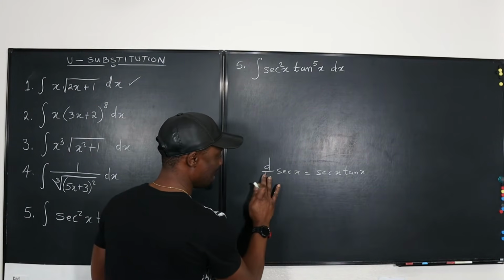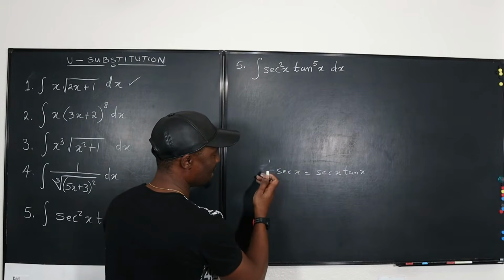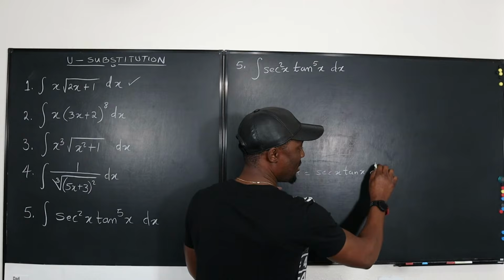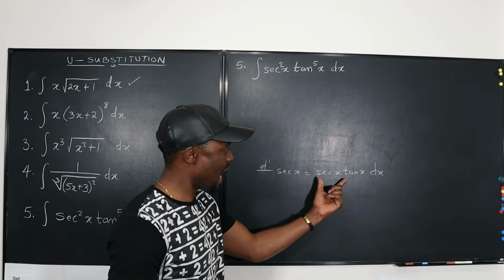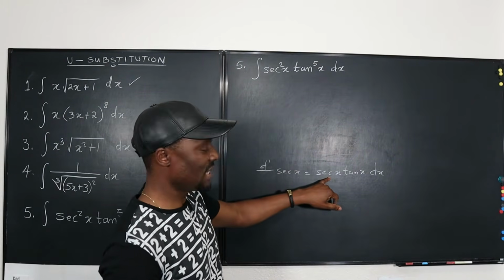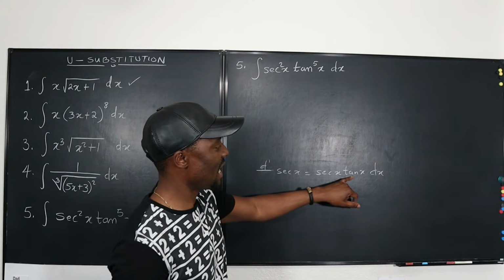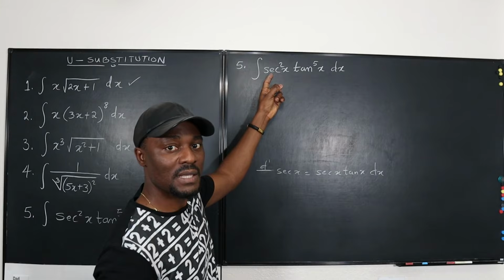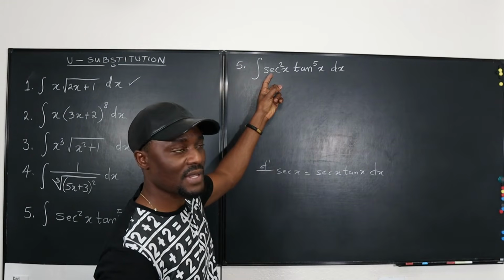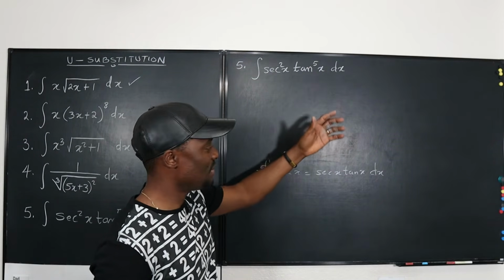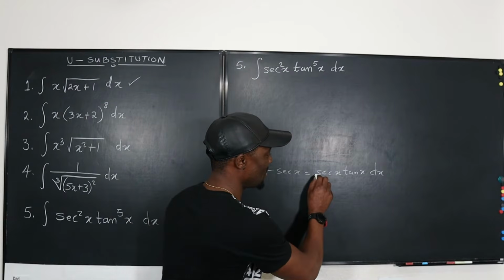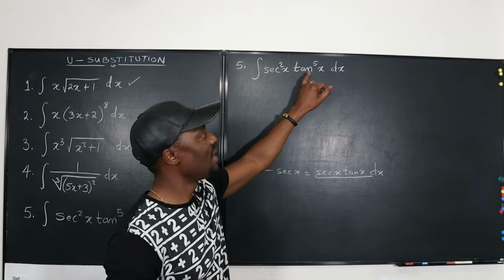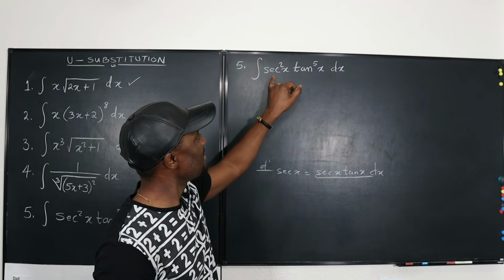Which means you can replace one secant x and one tan x. The problem is that there's going to be a second secant x and tan x, so it doesn't help you because it only gets rid of secant x tan x, but there's still a bunch of tan x's remaining.